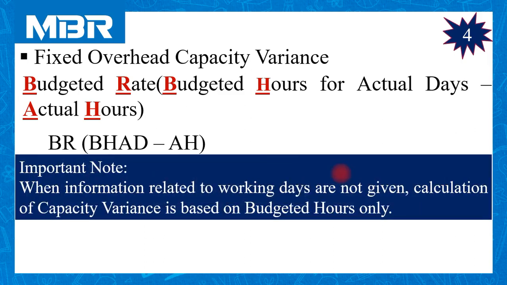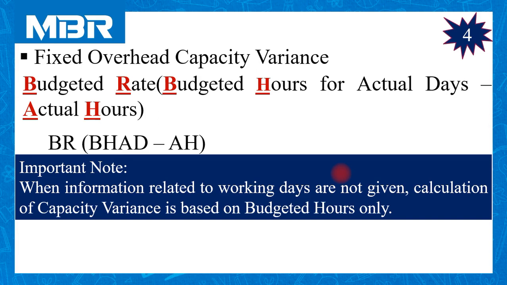Before calculation, you need to remember a rule. When information related to working days is not given, calculation of capacity variance is based on budgeted hours only. It is compulsory for you to remember this rule.